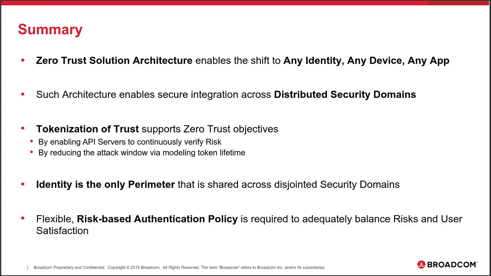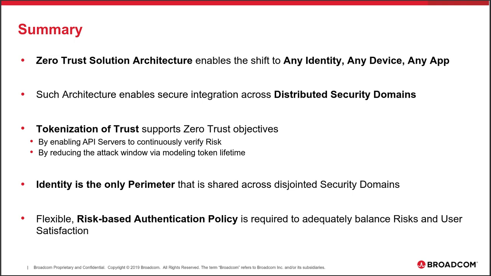Now, we've also observed that identity is the only perimeter left that is shared across disjointed security domains. Therefore, managing trust and security across these delivery systems requires that we adequately establish the level of this identity, the risk of this identity.